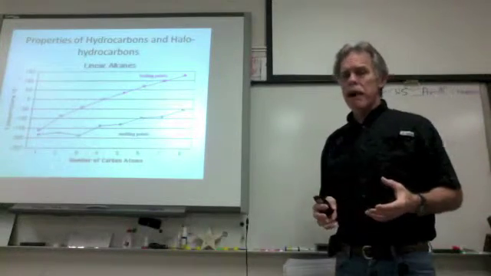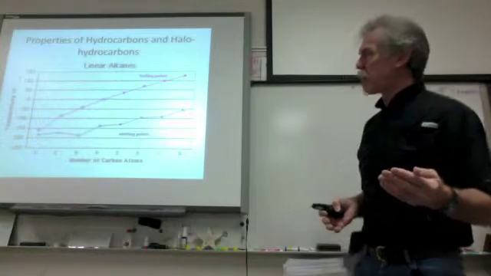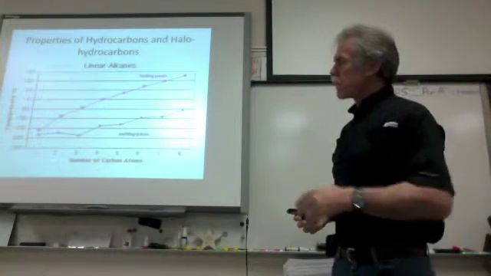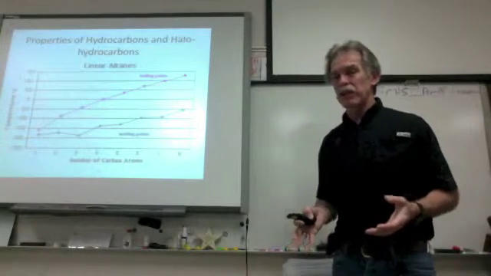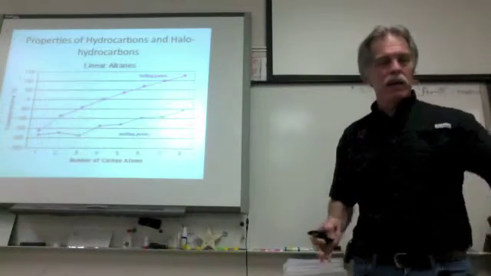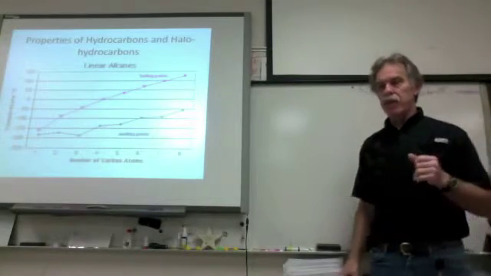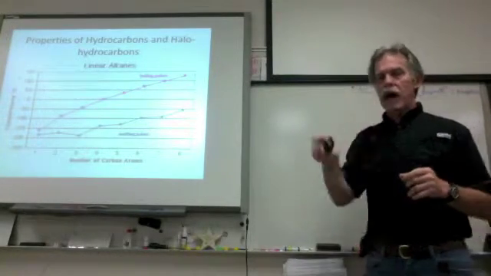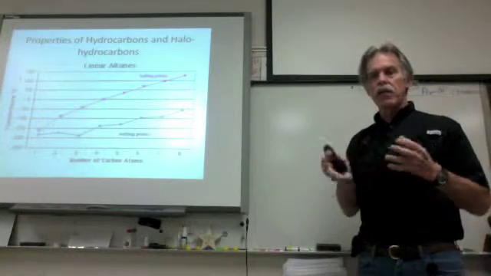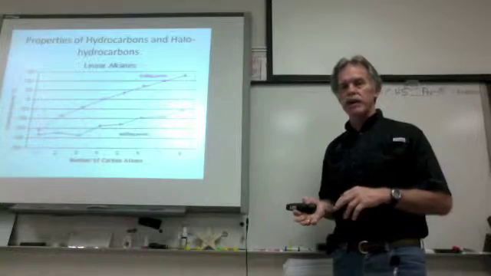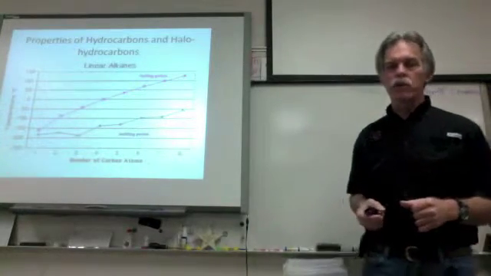So we're going to talk about boiling points and properties. Obviously, in this top graph, you can see that when we start with one carbon, that's minus 162 degrees boiling point. That would be something like methane. When we turn on this spigot and let methane out, methane's got hydrogens all the way around, and it doesn't like the other methanes. Hydrogens aren't attracted to hydrogens, except for the van der Waals dispersion forces.